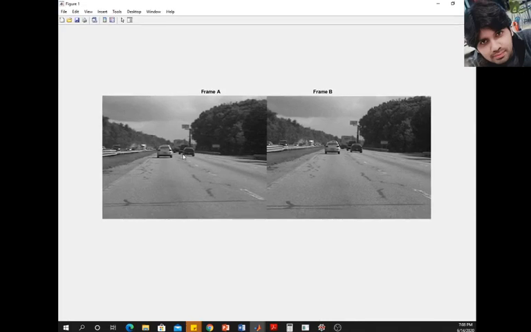This is frame A and this is frame B. You will see that it's a kind of motion estimation, where a car is moving and recording the video at the same time. Of course there would be some translation between the subsequent frames of the video, and you can see that this is a displaced frame with respect to this frame.